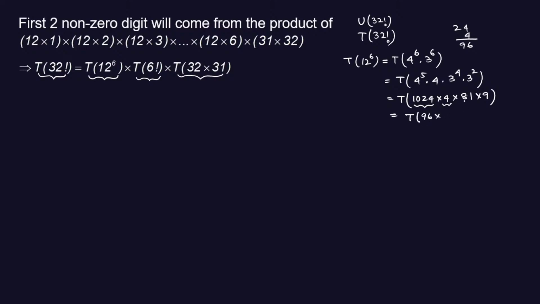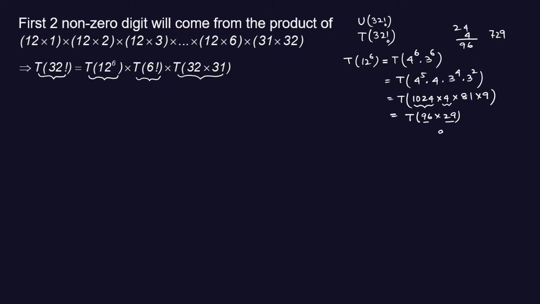And when 81 is multiplied with 9, the last 2 digits will be 9 8s are 72, so only 29 will come here, right? Now from 96 and 29, what will be the last 2 digits?